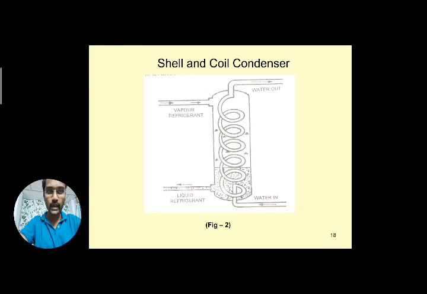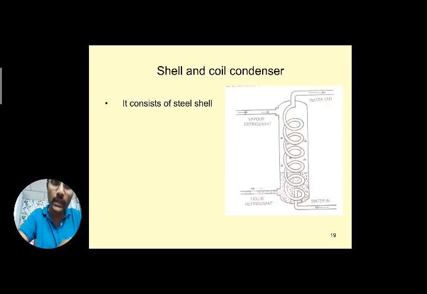After condensation, by heat exchange between the water in the coil and the vapor refrigerant, it will condense and accumulate at the bottom. Then, at the same pressure, it enters into the next component, that may be a receiver or some expansion device. The liquid refrigerant comes through the other passage at the exit, at the bottom of the shell. Okay, let's see some points regarding this.